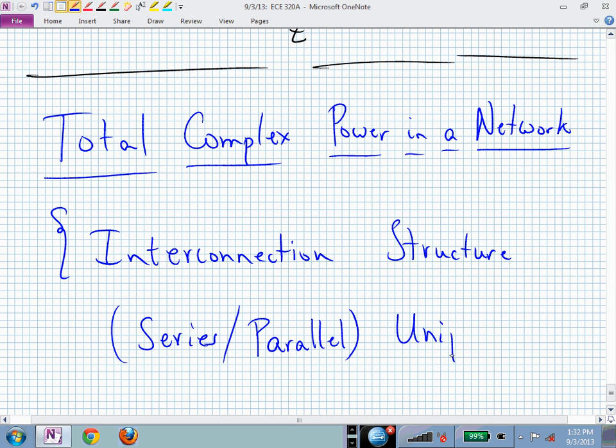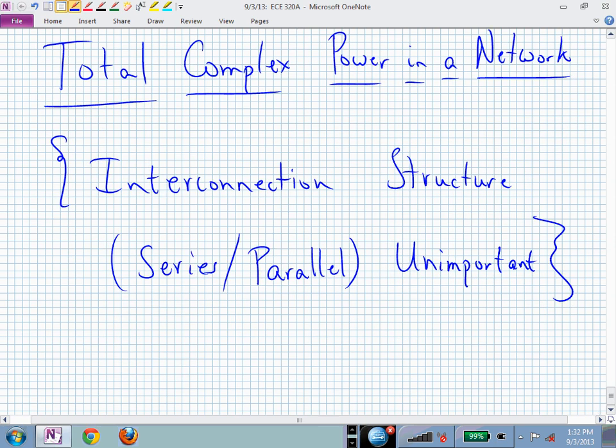We can just compute the subsystem's complex power and then vectorially keep track of or add up those powers. That's the idea. Doesn't matter if some were in series, some were in parallel. We just look at the pieces and play with the pieces.